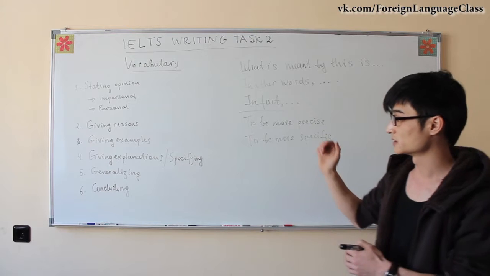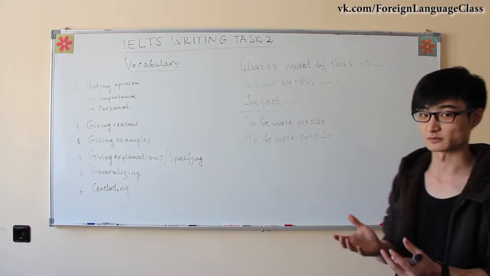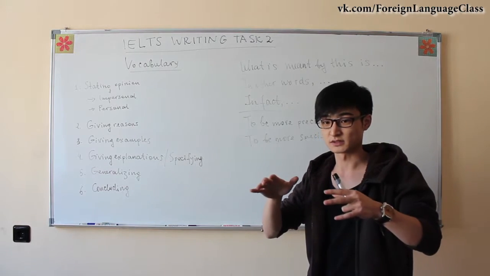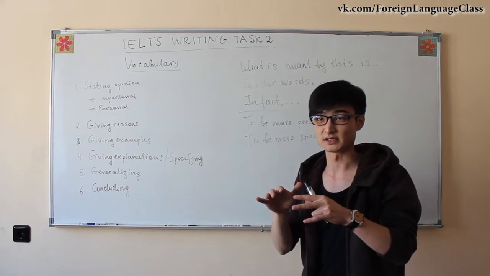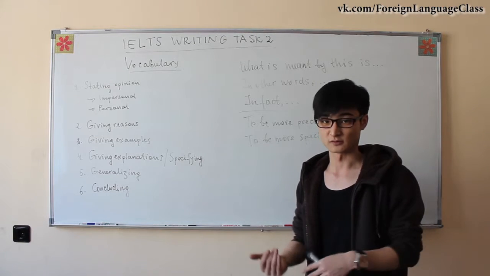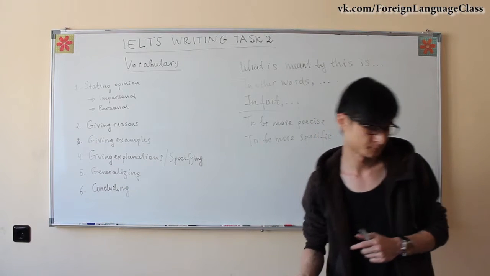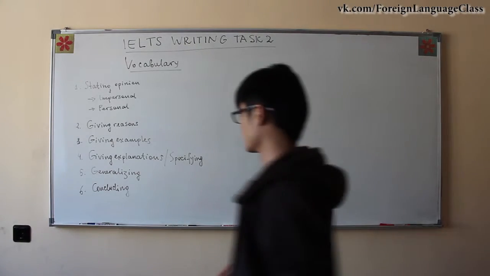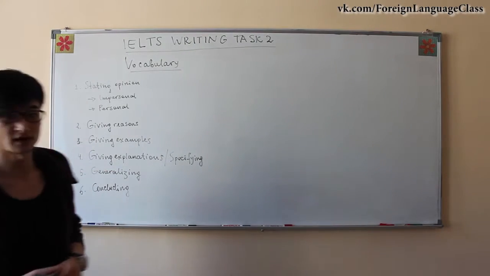Now let's go to the opposite, to generalizing. When you give some examples and you want to state a whole idea, a general idea of what you have written before. Okay, and now some helpful vocabulary for generalizing your ideas.